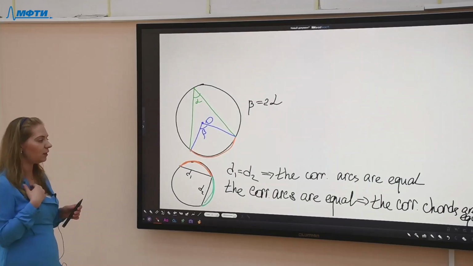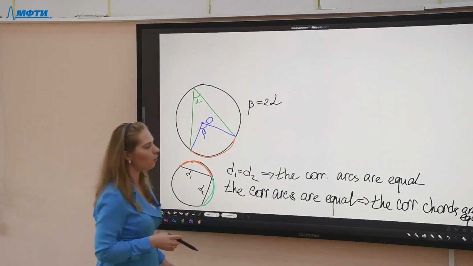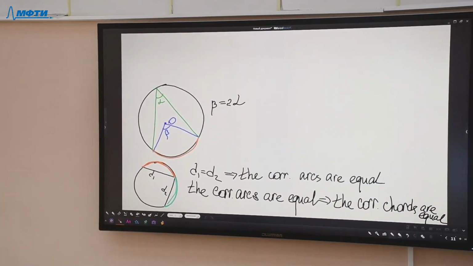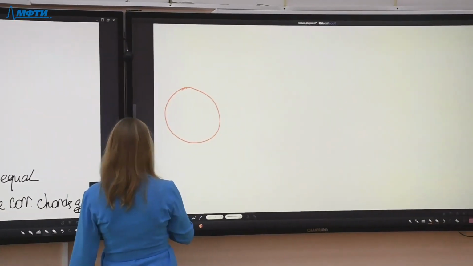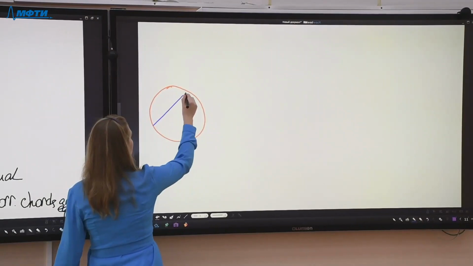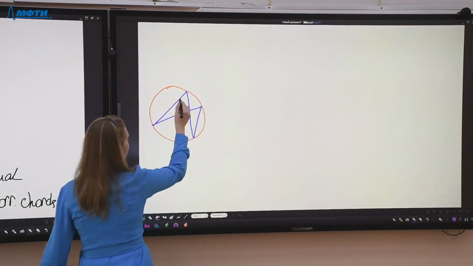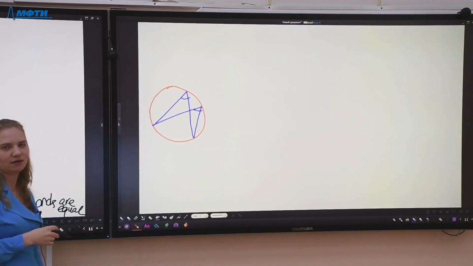And usually we use this property when we want to show that two inscribed angles having the same arc are equal. So this angle is equal to this angle, right? Because they intercept the same arc on a circle.